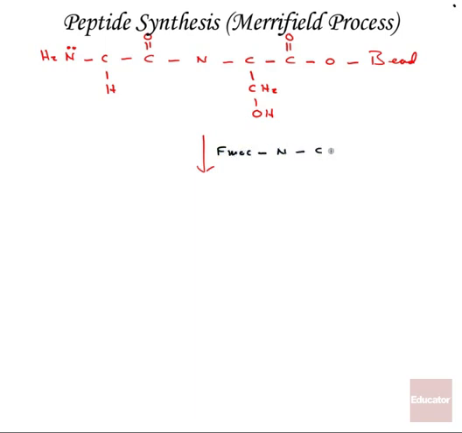I have N, C, C, O, DCC. This is H. This is my alanine reagent. I'm going to stop writing this down. When it reacts with that, DCC actually leaves. This reaction is reaction number 8, and here is the mechanism.